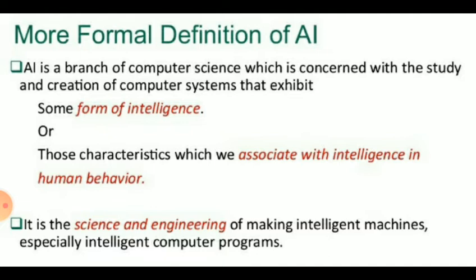So, we can define AI as a field of study which studies how to create computers and software that are able to show intelligent behavior. AI can also be defined as the study and design of intelligent agents, or a system that perceives its environment and takes actions that maximize its chances of success or output.